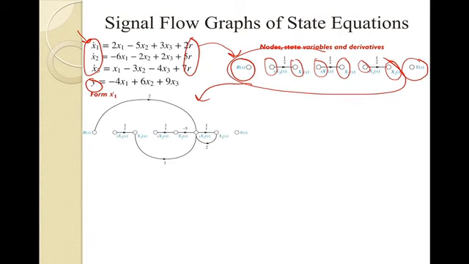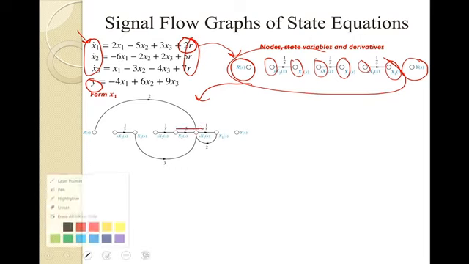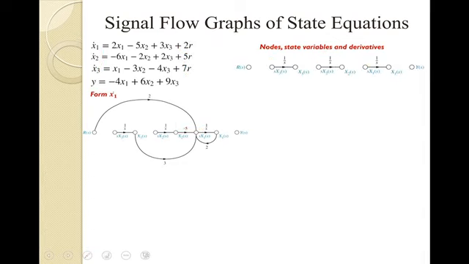So x1 dot equals what? Well, from an input perspective, it's 2 times r. So where is x1 dot on this graph? Excuse me, let's erase some of the ink. It's getting a little messy. Okay, so where is x1 dot on this graph? Well, that's this dot right there, that circle. Notice it's a function of the input, which is 2r.